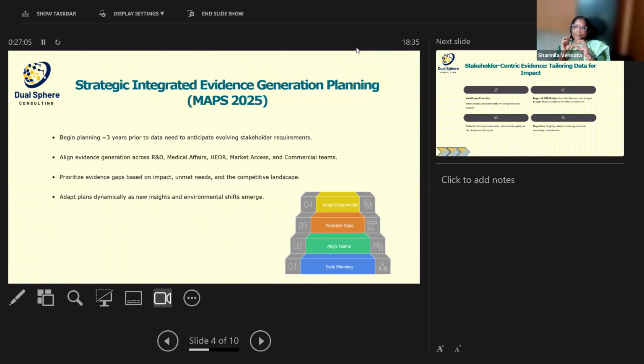Plans must evolve as new data, feedback, and environmental changes occur. For example, midway through a cardiovascular drug study, a competitor releases breakthrough trial data. Adapting quickly could mean adding comparative analysis or revising health economic models to maintain competitive position.